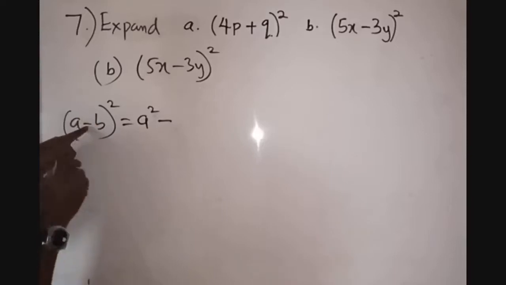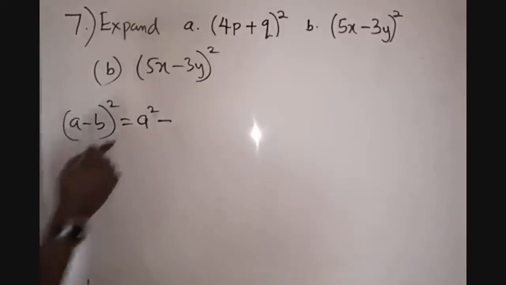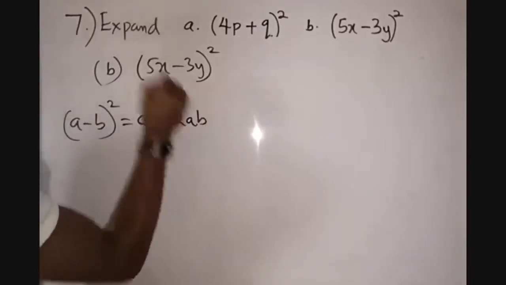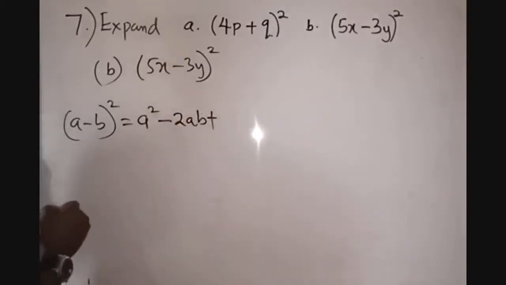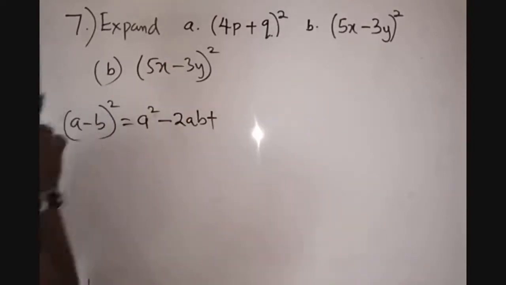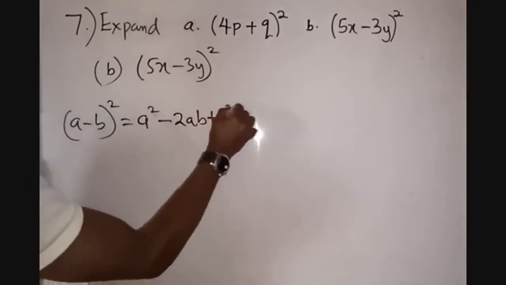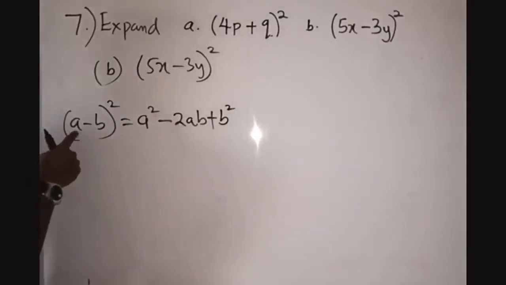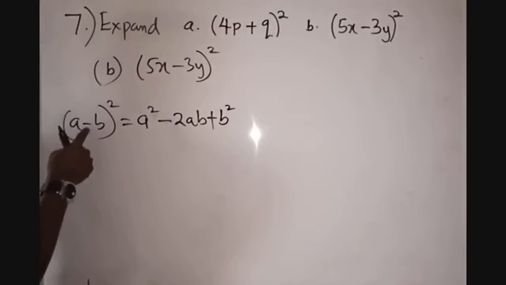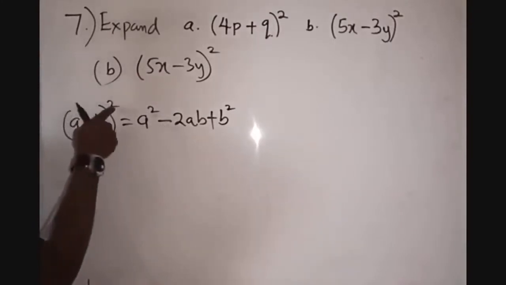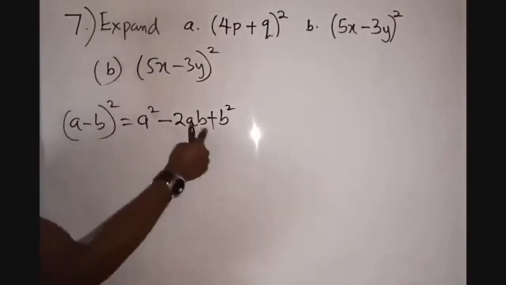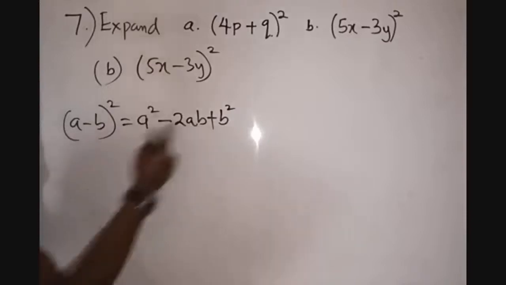If you can remember, then this will multiply this 2, giving you 2ab, then the last sign is always positive, then you square the last one. See that? Square the first, then the sign you have is what you put here, then this times this times this, then the last sign is always positive and you do that.